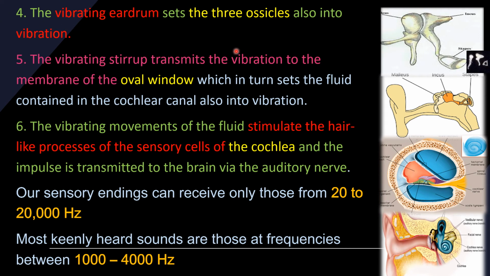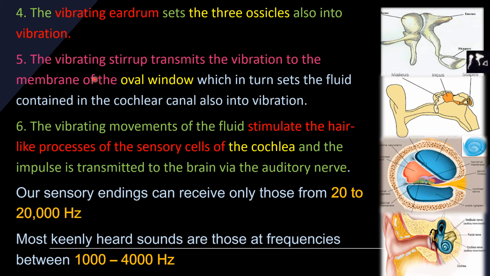The vibrating eardrum sets the three ossicles also into vibration. Here you can see three ossicles, the ear ossicles. What are they? Malleus, incus and stapes or stirrup. The other name of stapes is stirrup.